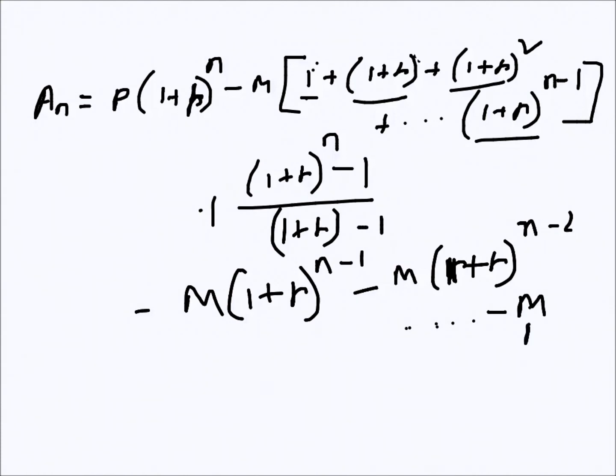So first this term, then the second one, which is 1 plus r, and just writing it the other way around, it comes like this. I didn't say it before, but just a little addition there.